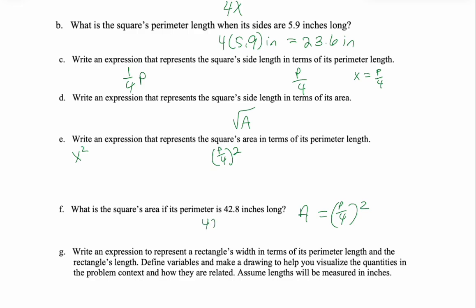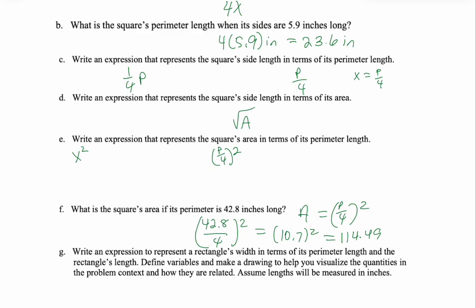It will be 42.8 divided by 4 squared for our area. 42.8 divided by 4 is 10.7. And if we square that, we get 114.49.